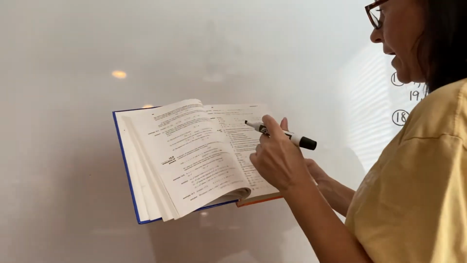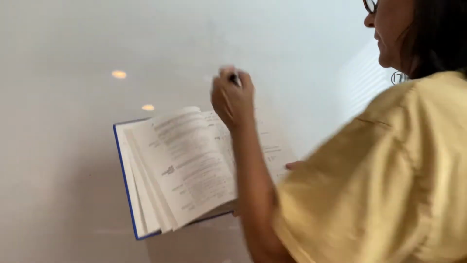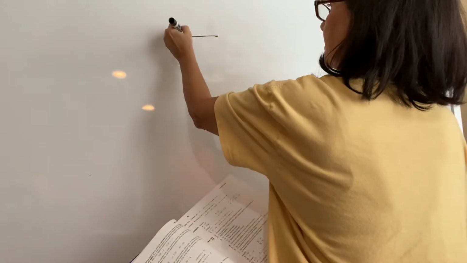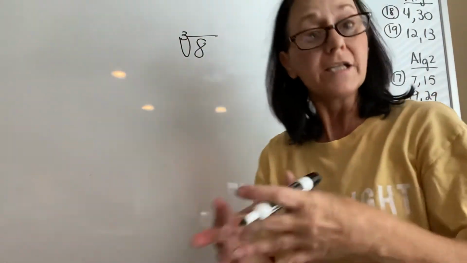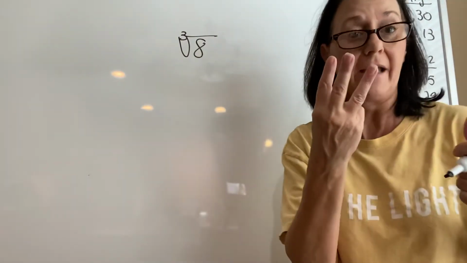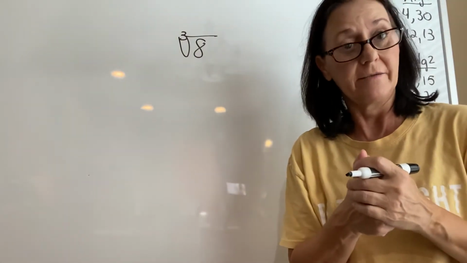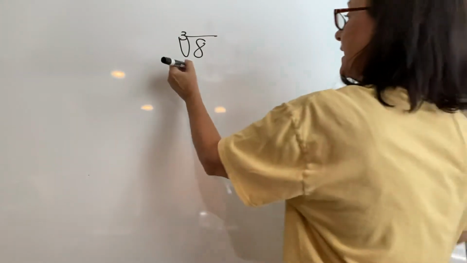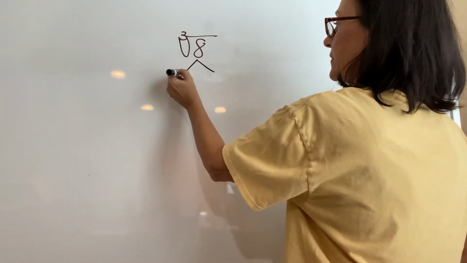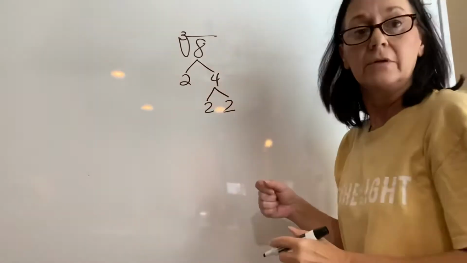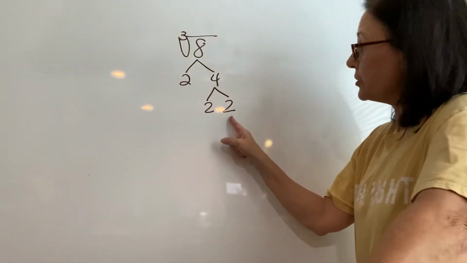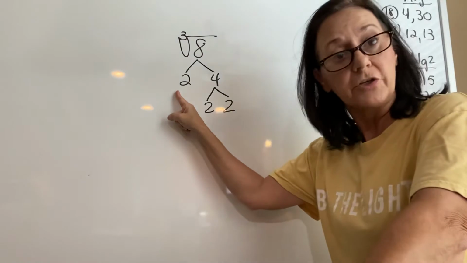So number 12 on page 85, it asks the cube root of 8. What that is asking is, what times itself 3 times equals 8? And if I look at this, 8 is really 2 times 4, and 4 is 2 times 2. So 8 is really 2 times 2 times 2.